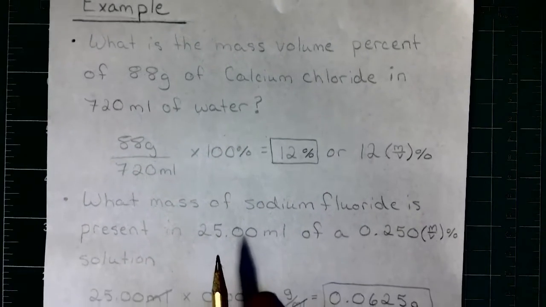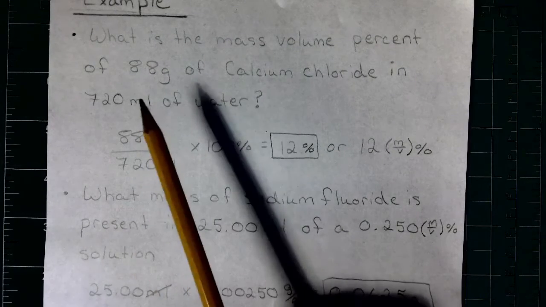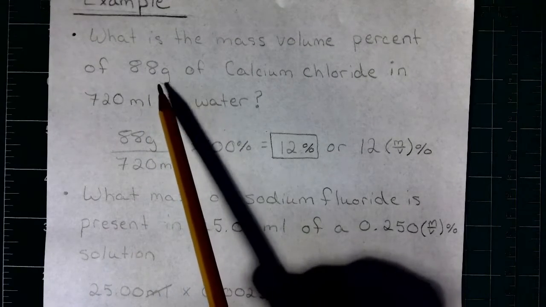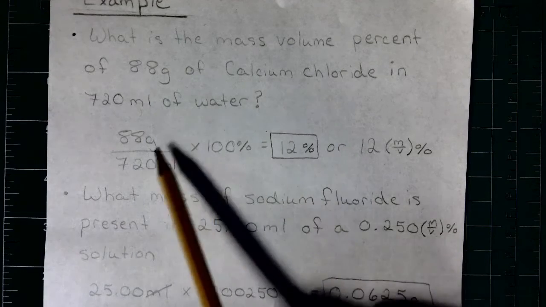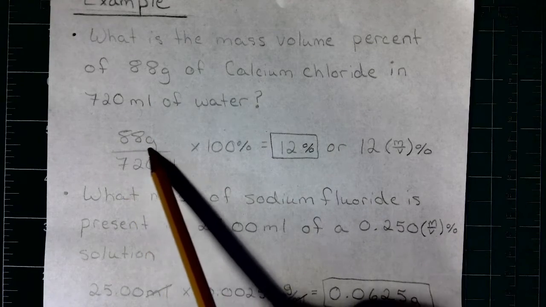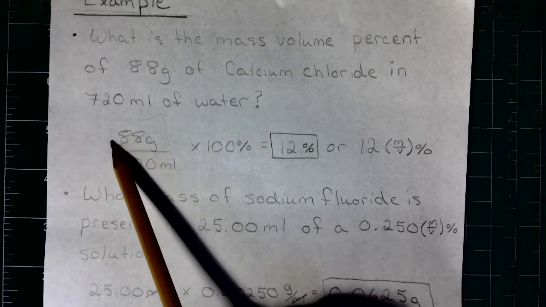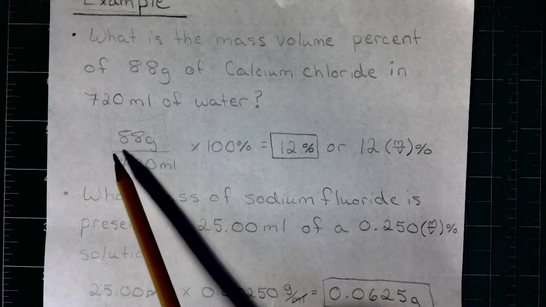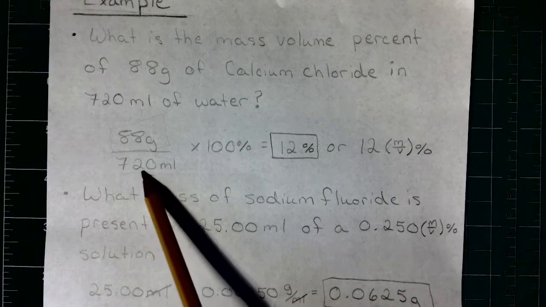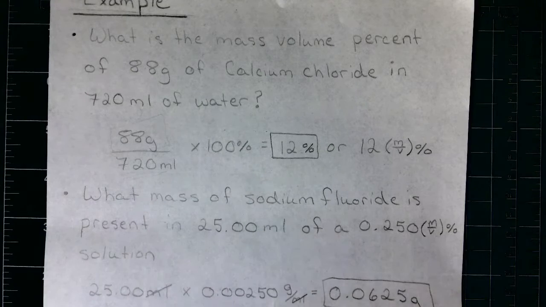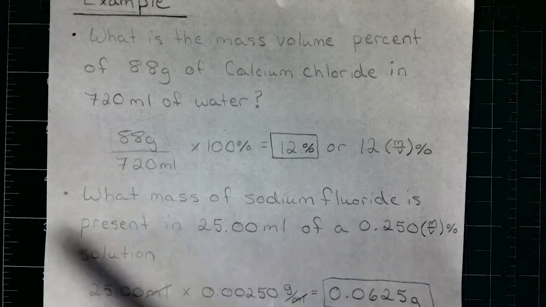So we start off with the mass of our solute. In this case, it's this 88 grams of calcium chloride. And so we add that 88 grams right there. And then we're going to divide it by the 720 milliliters of water.